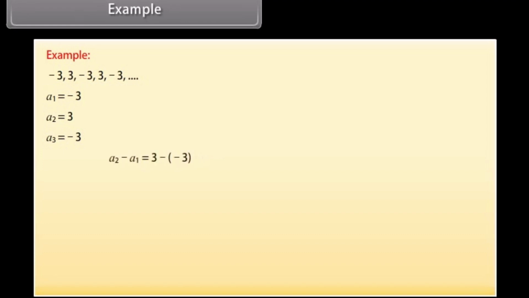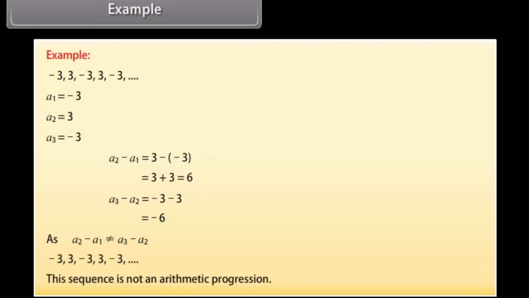Now let's find A2 minus A1, which is equal to 3 minus (minus 3), which is equal to 3 plus 3, which is 6. Also, A3 minus A2 is equal to minus 3 minus 3, which is minus 6. As A2 minus A1 is not equal to A3 minus A2, the given sequence is not an arithmetic progression.